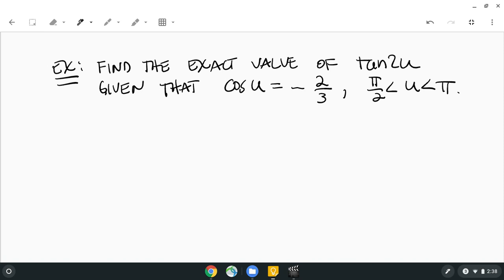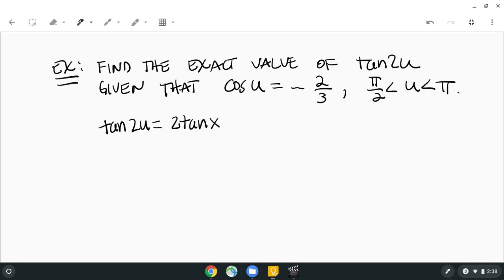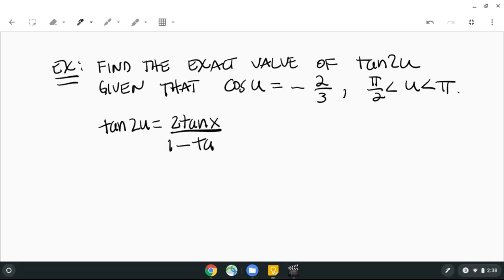Okay, so first of all, we need to find the exact value of tangent of 2u, right? So tangent of 2u, we have a formula for that, is 2 tangent x over 1 minus tangent squared. I need to use some u's here.